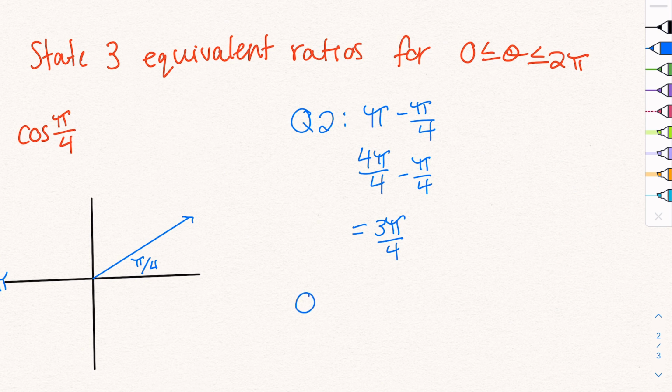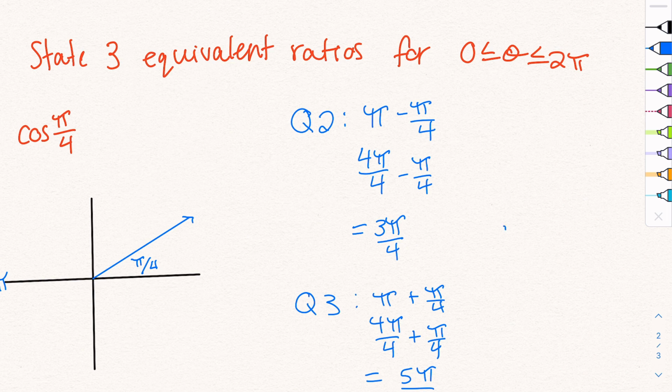Now in quadrant 3, what would we have? We would have pi plus pi over 4. So that's going to be 4 pi over 4 plus pi over 4, which gives us 5 pi over 4.